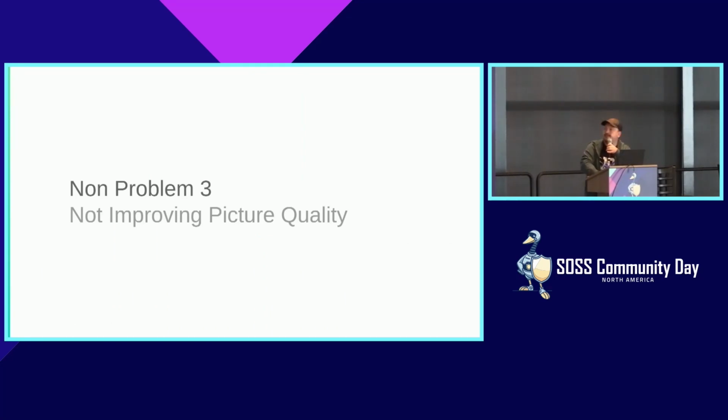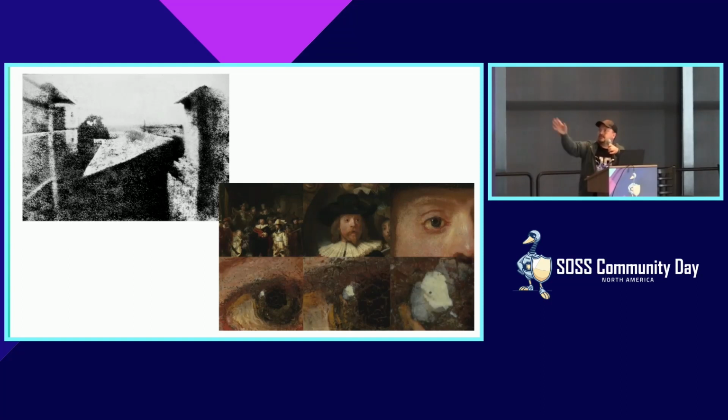Another problem is not trying to improve the picture quality. Here we see the first picture ever taken. On the other side, it's the highest resolution picture ever taken. And oftentimes, if you think about it with a cold mind and from an outside perspective, what you want to do is get from that to that. What you'll often find in the SBOM community is more critiques.